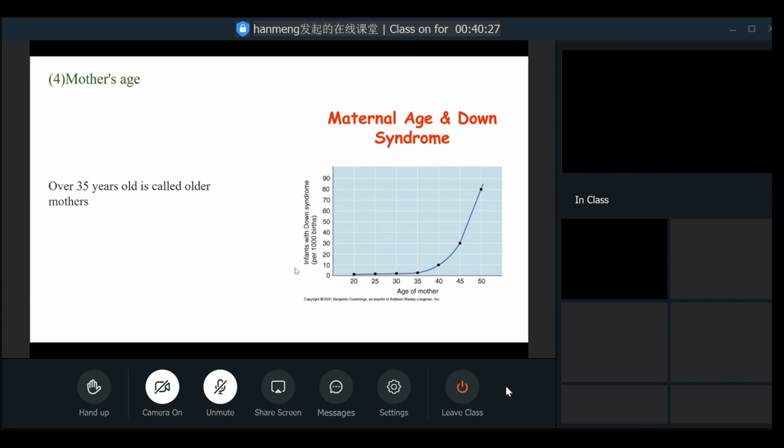Maybe it will not separate into two daughter cells properly. Maybe one cell has one more chromosome, then the other will lack a chromosome. Then it will cause some aberration of the chromosome.